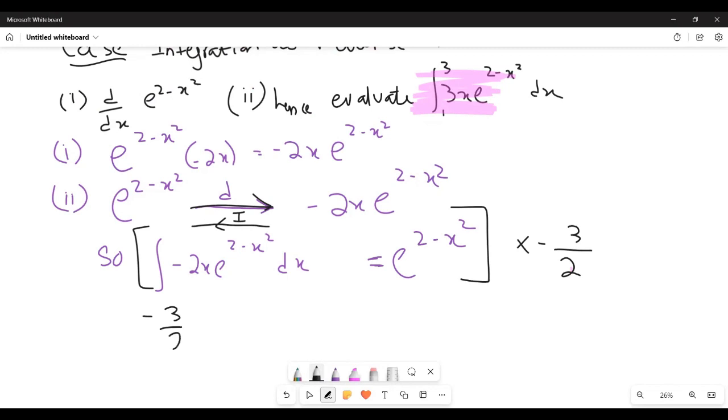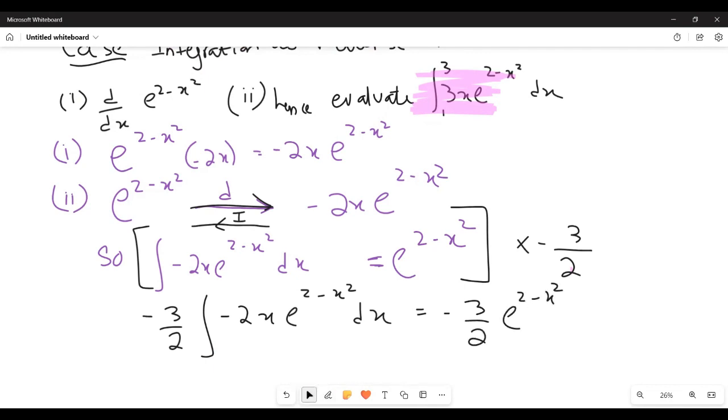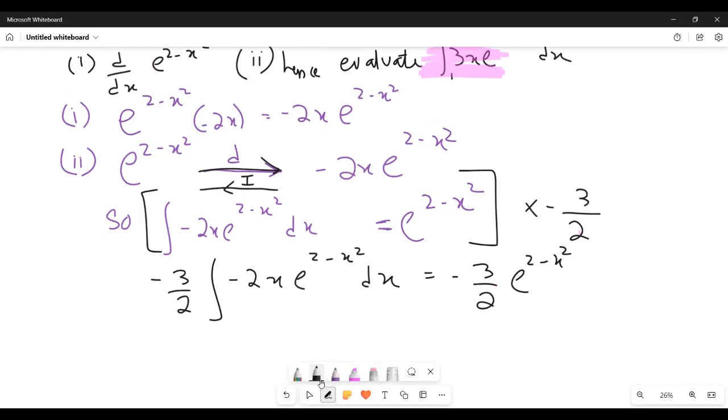-3/2 times the integration of -2x e^(2 - x^2) dx. And here we get -3/2 e^(2 - x^2). Now notice here the 2 and 2 get cancelled because you can bring the 2 out of the integral sign, -2 in fact.